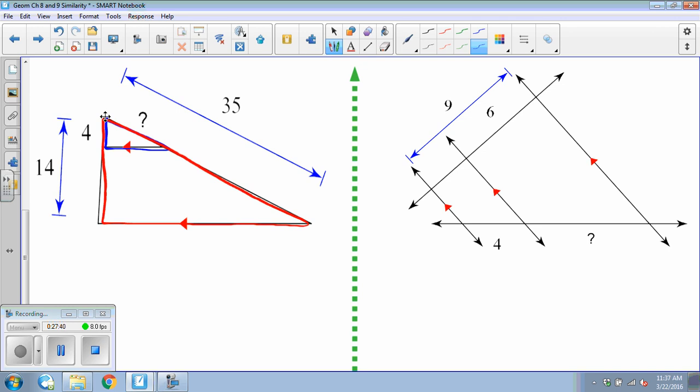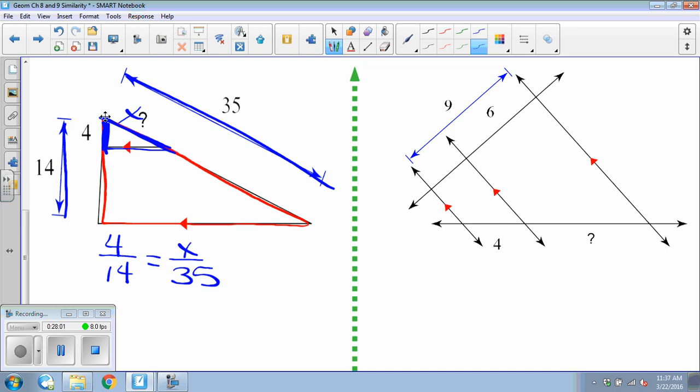They gave me this small piece, so that's 4 corresponds with 14, right? So 4 over 14 equals this, now this is x, that's what we're trying to find, corresponds with the whole thing, so x over 35. And then we just cross multiply and solve.